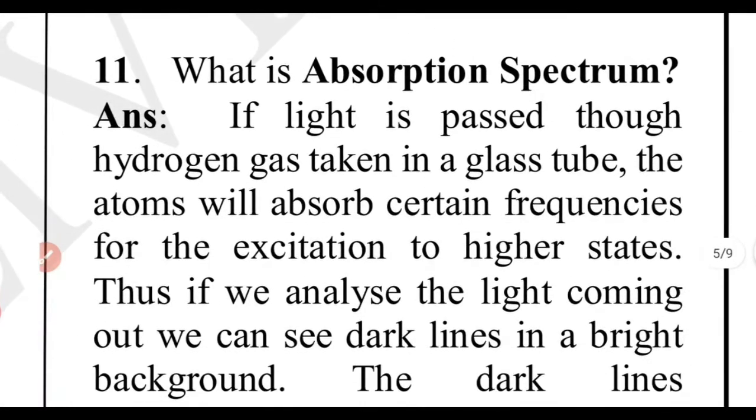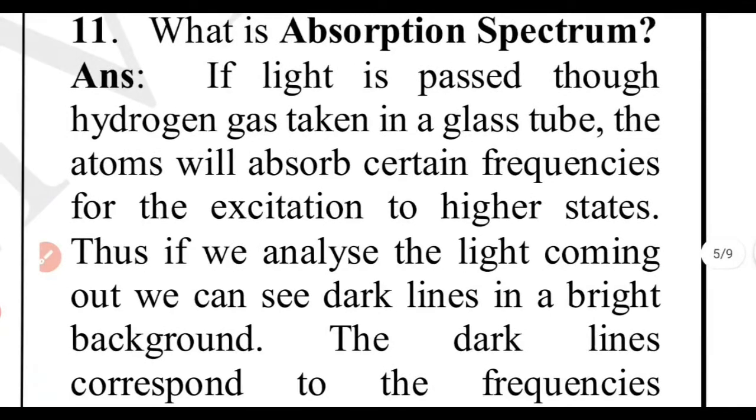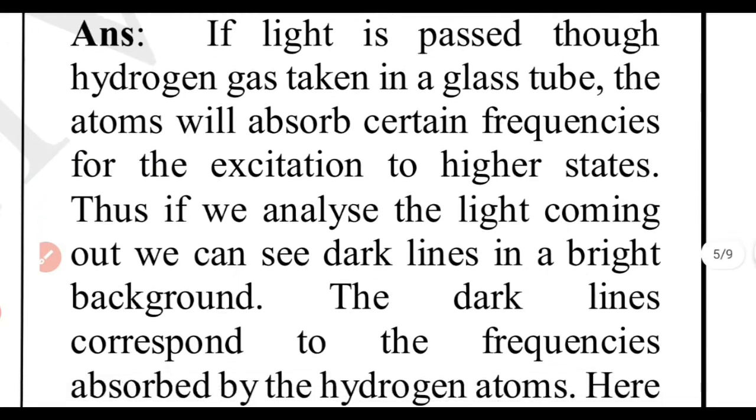When we photograph the emission spectrum, it consists of bright lines in a dark background. Now coming to the absorption spectrum: if light is passed through hydrogen gas taken in a glass tube, the atoms will absorb certain frequencies for excitation to higher states. If we analyze the light coming out, we can see some dark lines in the bright background.